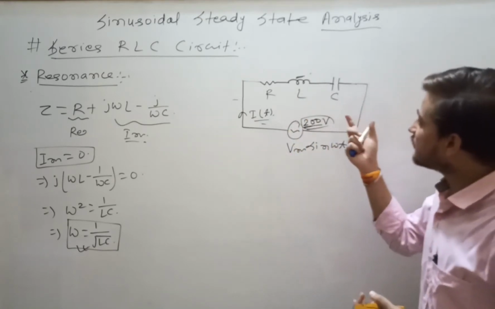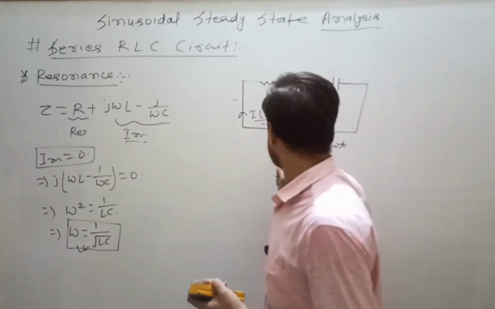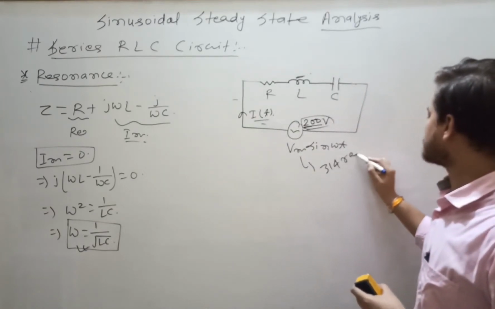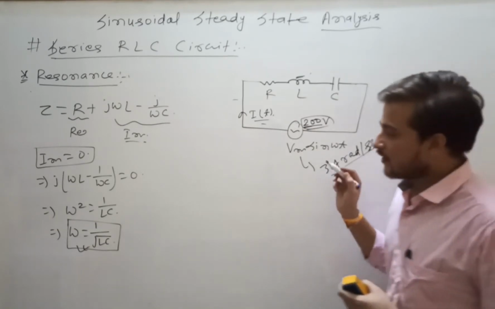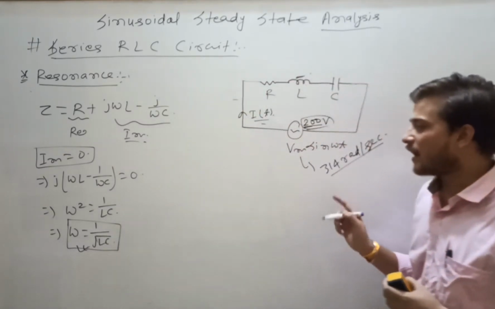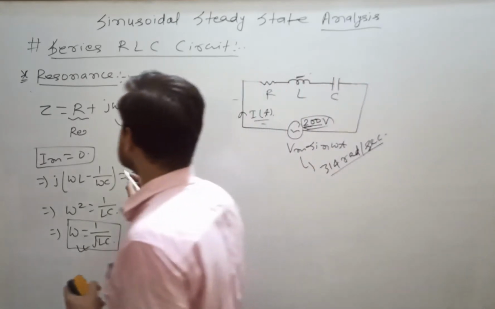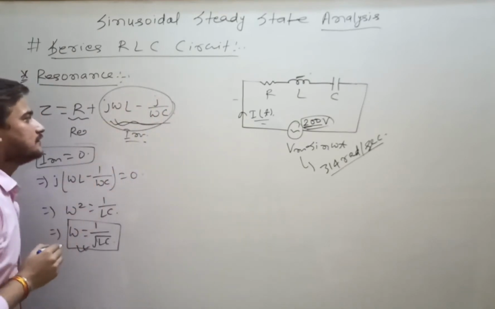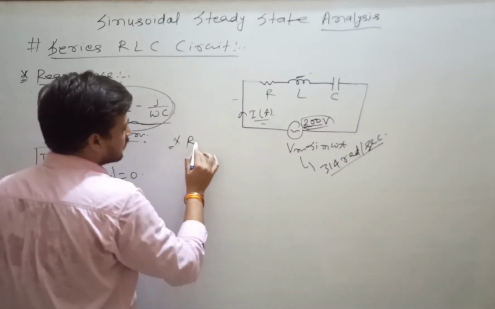If you select the values of L and C in such a way that 1 by under root LC is equal to 314 radian per second, then what will happen? This imaginary term will be 0. So this phenomenon is called resonance. This condition is called resonance.